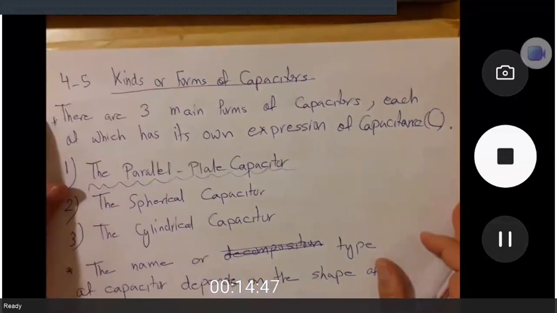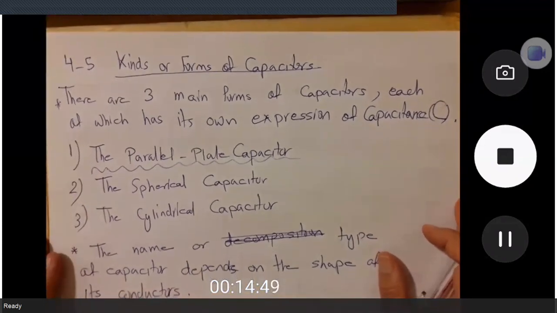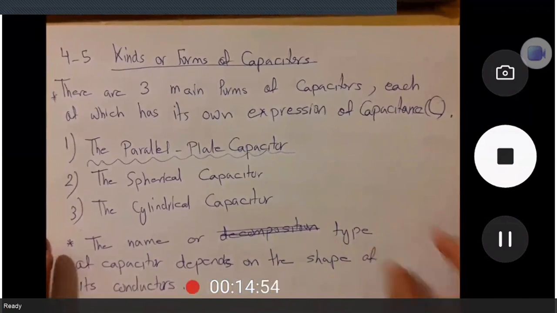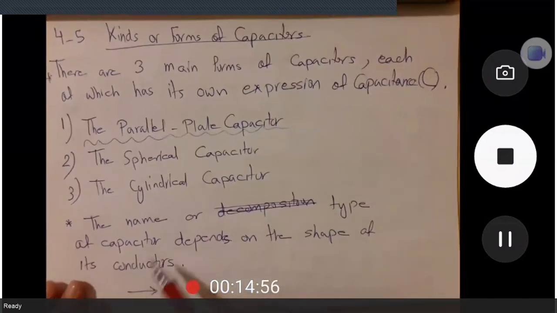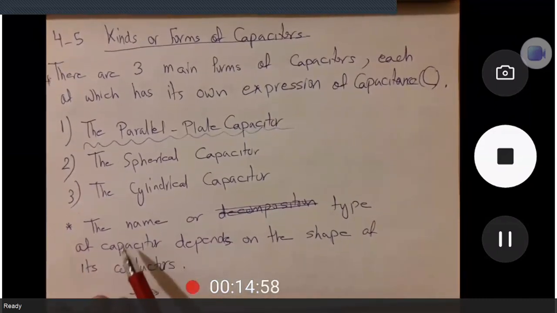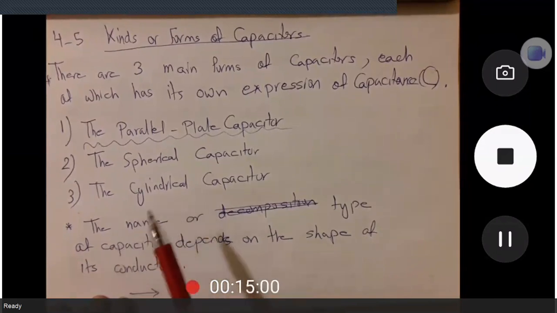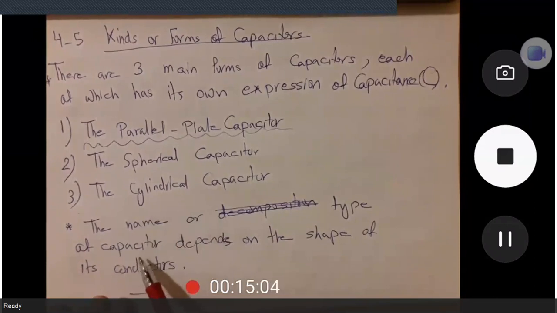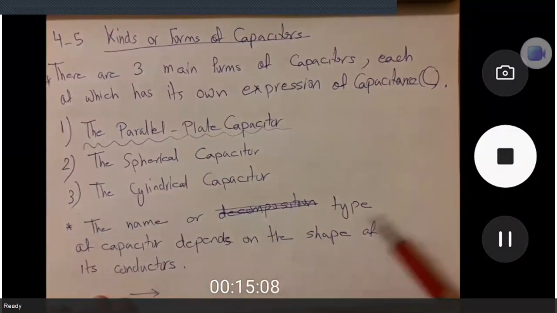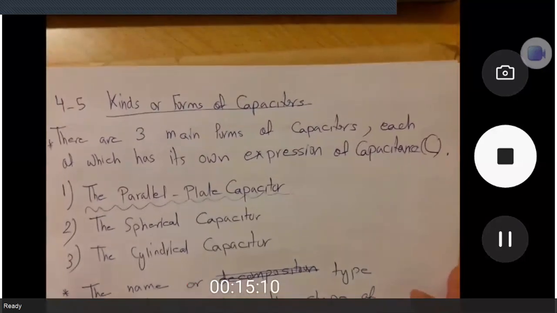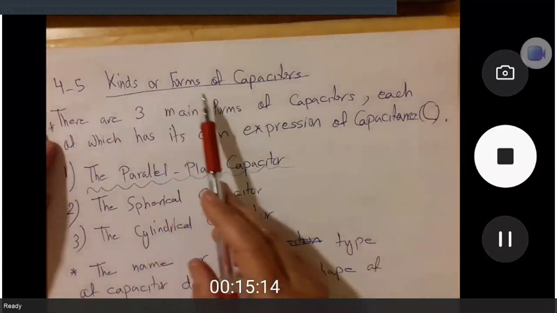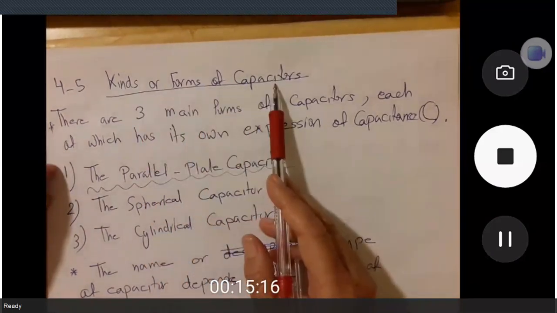Since it does not depend on Q or V, what does it depend on? It will be clear that the capacitance of the capacitor will depend on the shape of its conductors and other things we will discuss. So that's why we have this title: kinds or forms of capacitors.